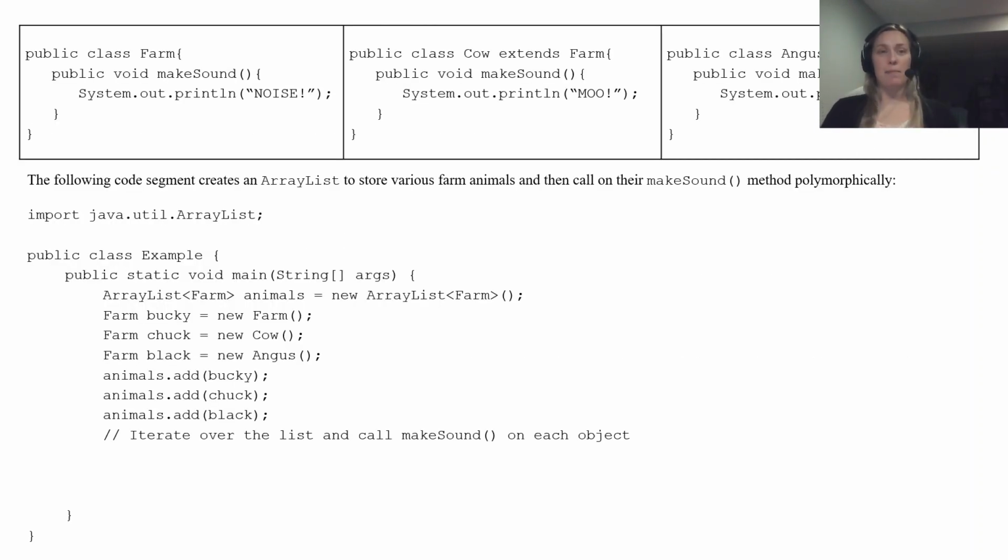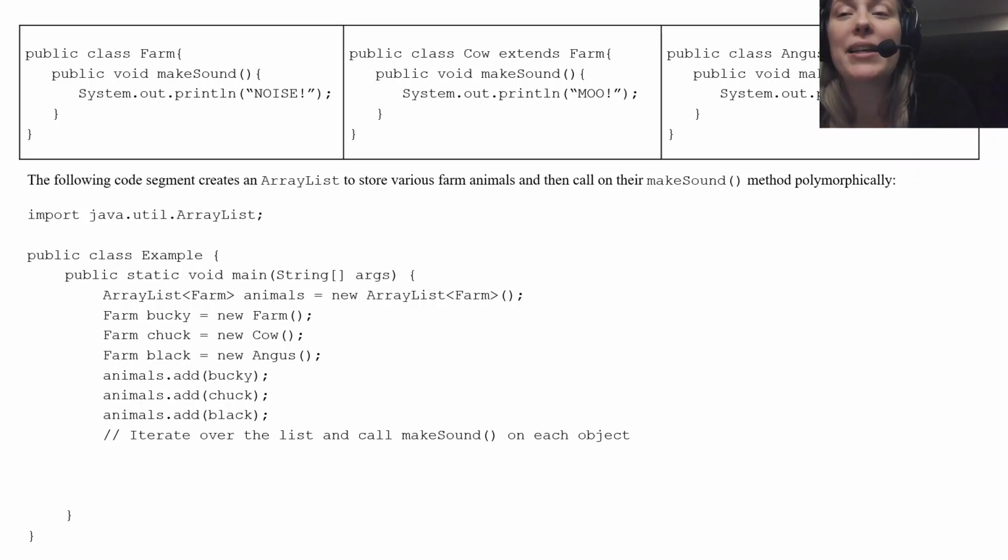So here's our example. Again, there's a lot going on the screen, so let's go through this. I have 3 simple classes up here. I have public class farm. And in that method, I have make sound method. And it just prints off noise. Then I have a cow extends farm. Again, make sound. And it's going to say moo. Okay.